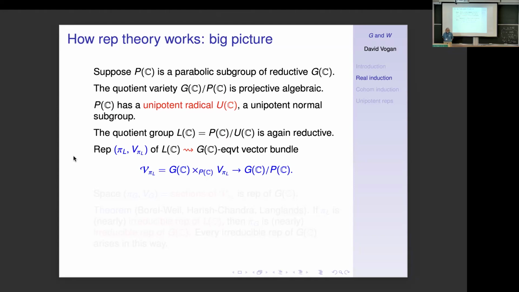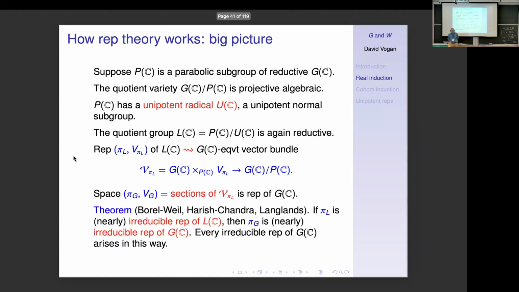If you have a representation of that subgroup, that gives you an equivariant vector bundle on G mod P. And Gelfand's idea is that the space of sections of that equivariant vector bundle is a representation of the big group. So this is a way to go from representations of the Levi subgroup to representations of G.